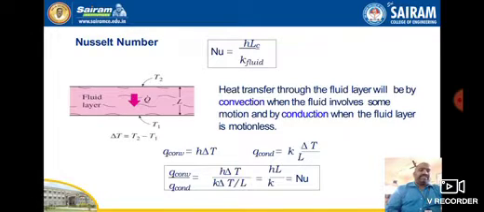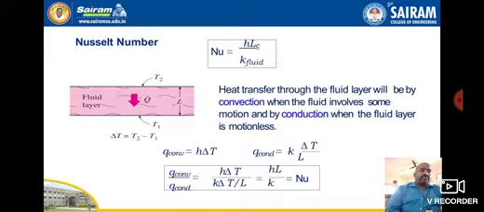Generally we express it as hL by k, where h is the convective heat transfer coefficient, L is the characteristic length and k is the thermal conductivity of the fluid. In the figure you can see the temperature difference between fluid and surface, T2 minus T1, L is the length, and you can see Q, the heat transfer.